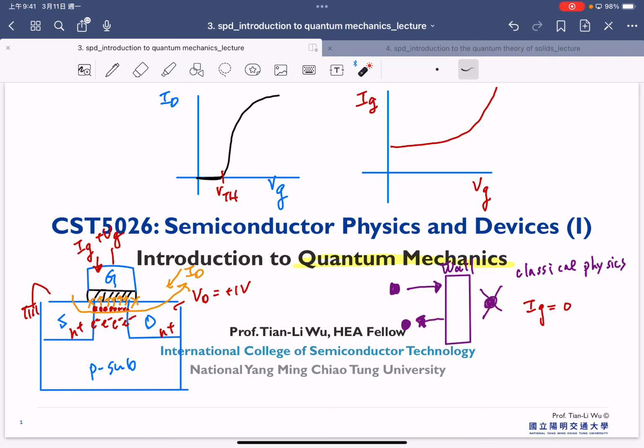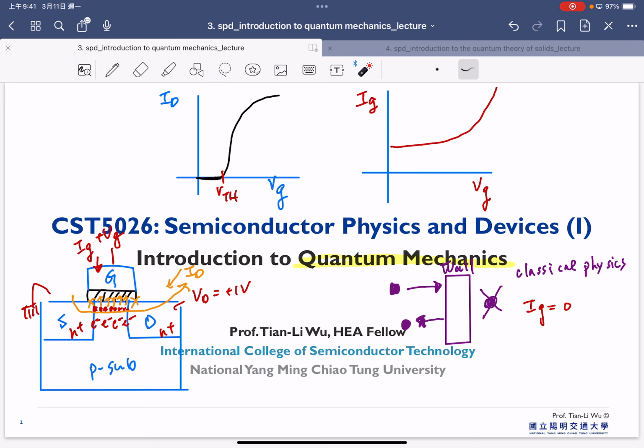It's the same thing here. If you imagine this is a ball, you try to throw it against this wall, and based on classical physics, all these electrons can only be reflected. There's no chance that the electron can be observed here and in the end create a leakage current.